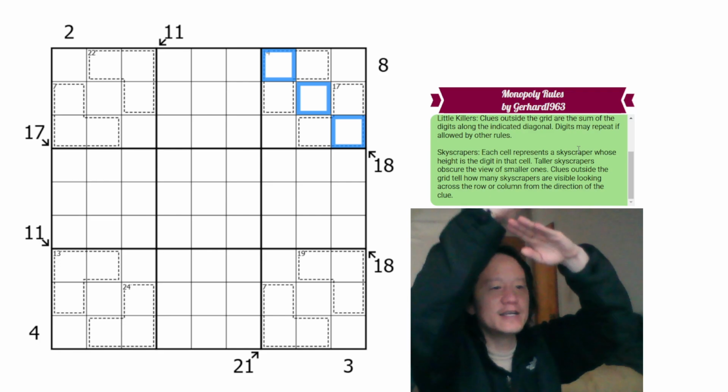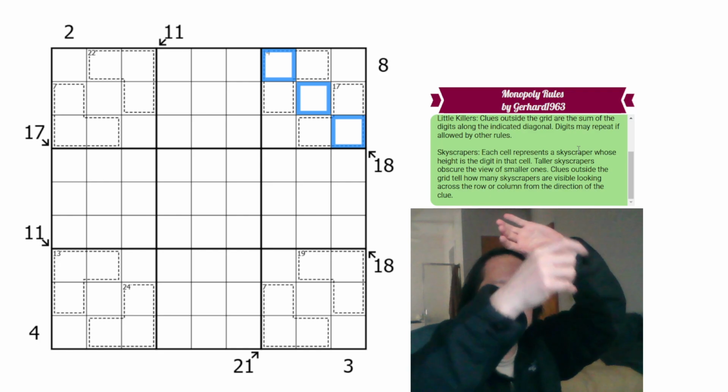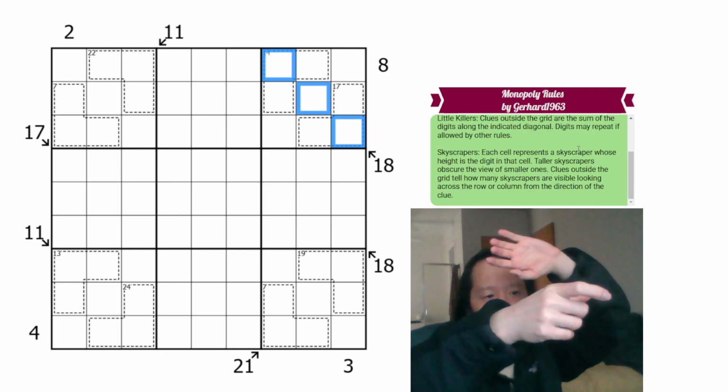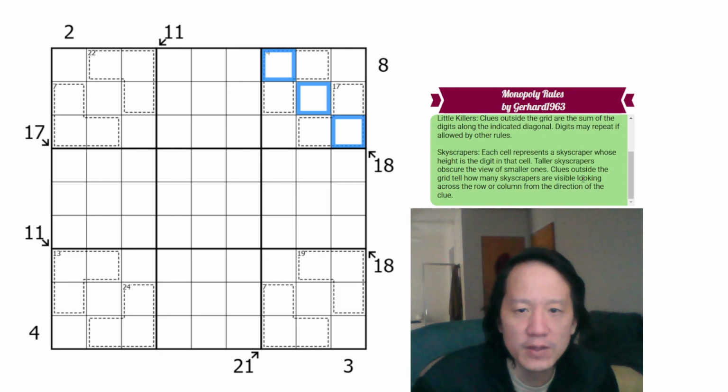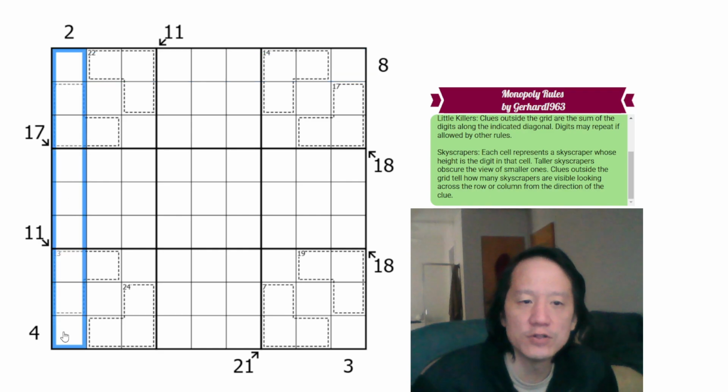So if you have a taller skyscraper, it will block all the skyscrapers that are shorter than it that are behind it, right? Clues outside the grid tell how many skyscrapers are visible looking across the row or column from the direction of the clue.